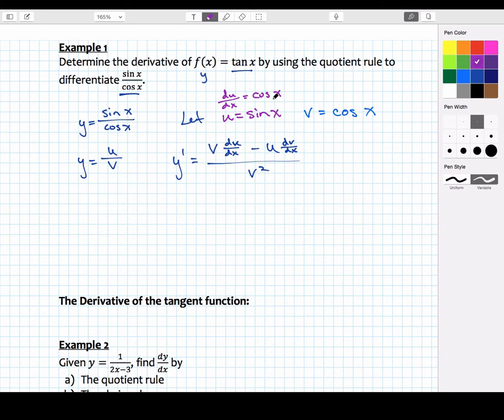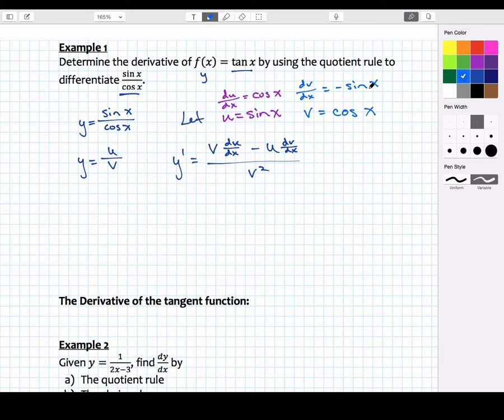And if v is cosine x, well, dv dx is what? Negative sine x. Okay? Now that we've done the differentiation, it's just a matter of substituting and then simplifying correctly.